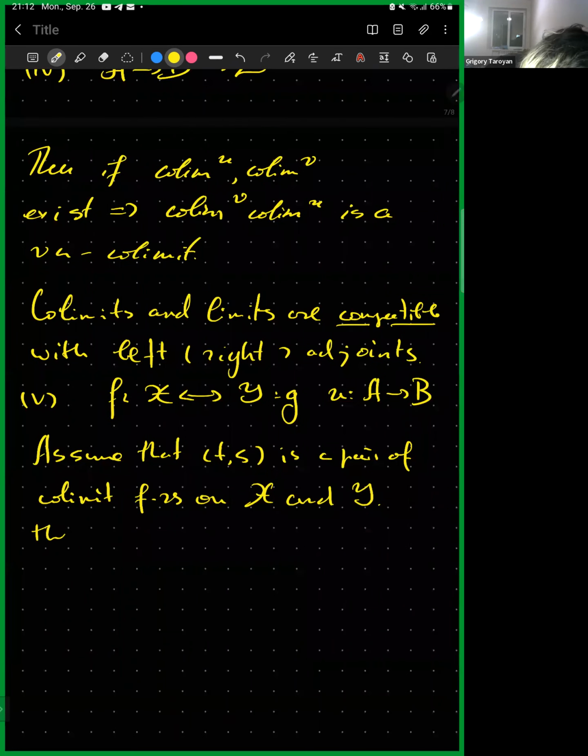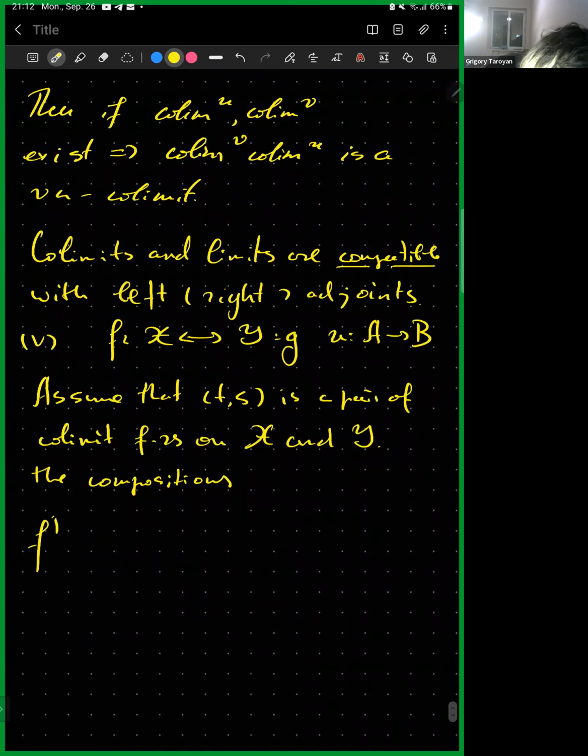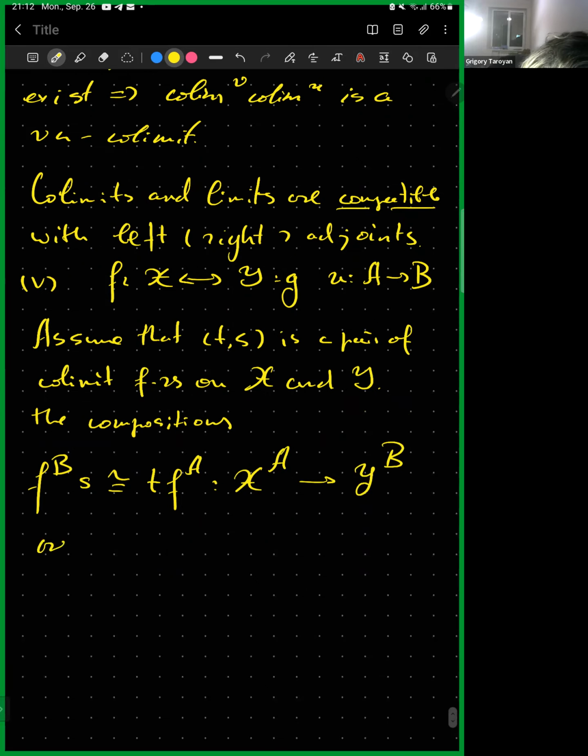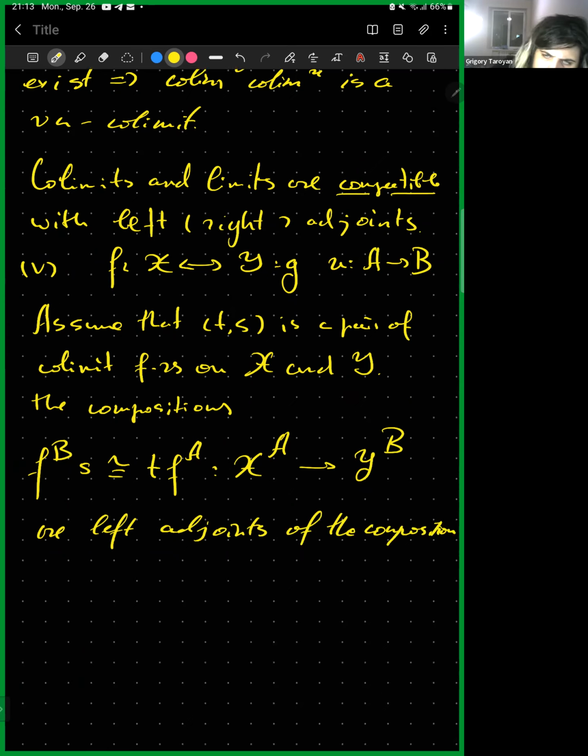Then the compositions F^B S and T F^A, which go from the category of A diagrams in X to the category of B diagrams in Y, are left adjoints of the following composition.